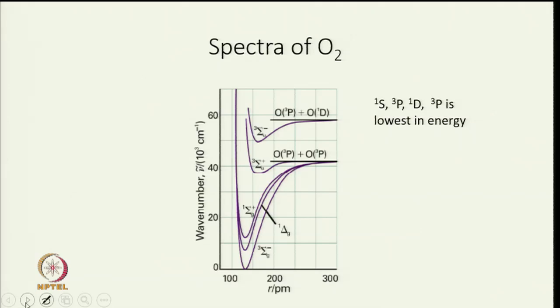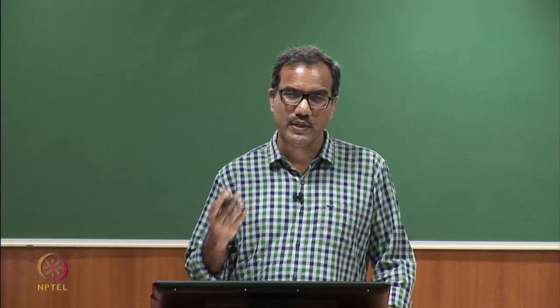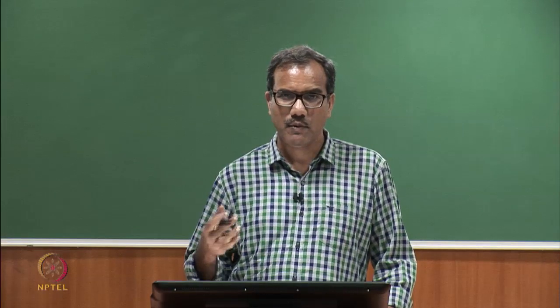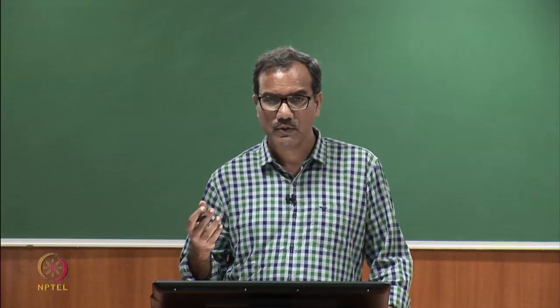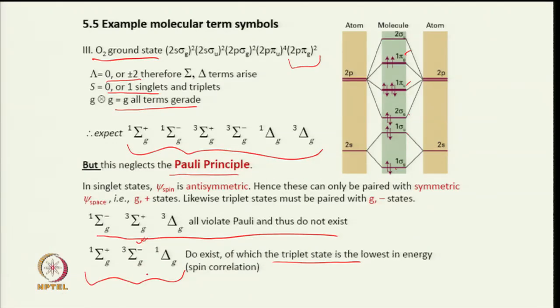Now, let us look at the spectra of the O2 molecule. We have already looked at the term symbol for O2, and we have also looked at the term symbol for the oxygen atom. If you look at the term symbol for the oxygen molecule, there are 3 out of this.